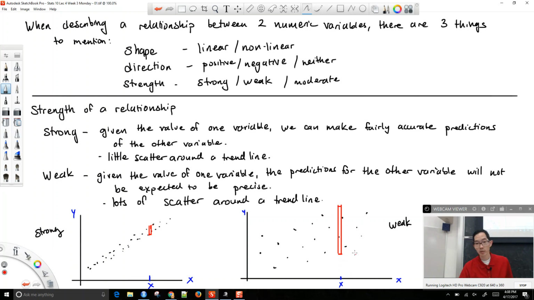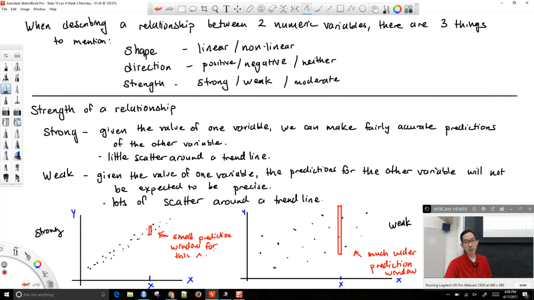Much wider prediction window. This is a small prediction window for a particular x. So this is the concept of strong versus weak as far as the strength of a relationship.